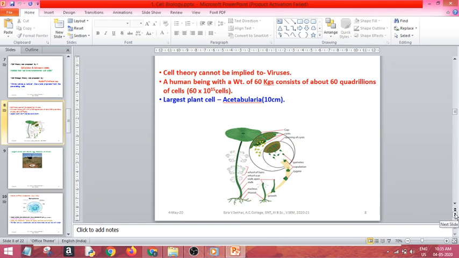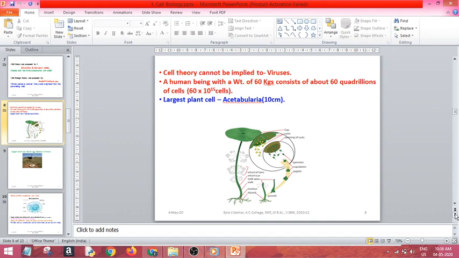Another important point, in this pandemic lockdown situation, is that viruses do not follow cell theory. In other words, cell theory cannot be applied to viruses because they possess both living and non-living characters. They behave as living things only in the host.